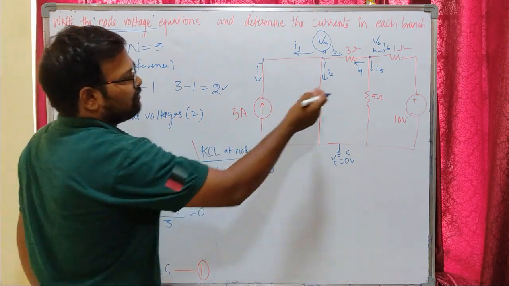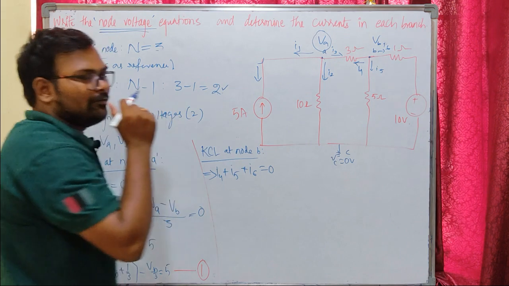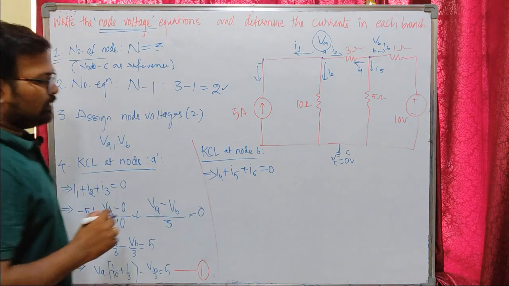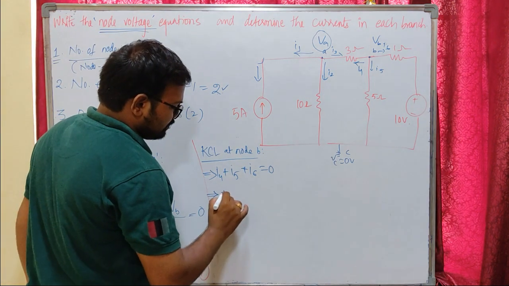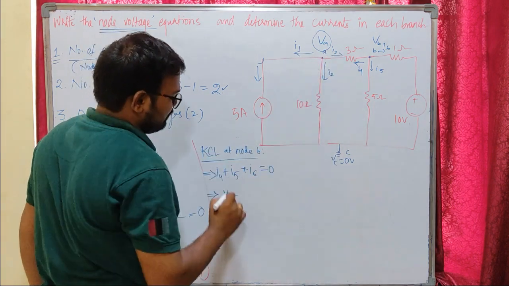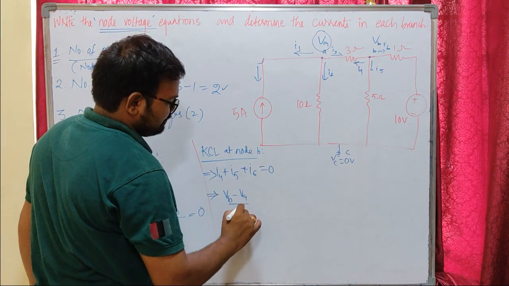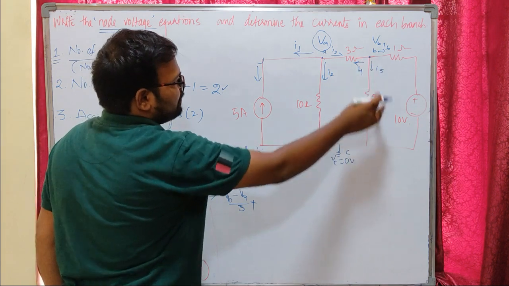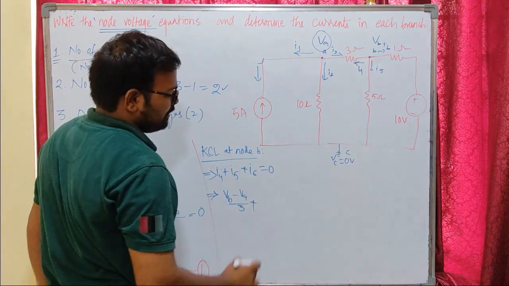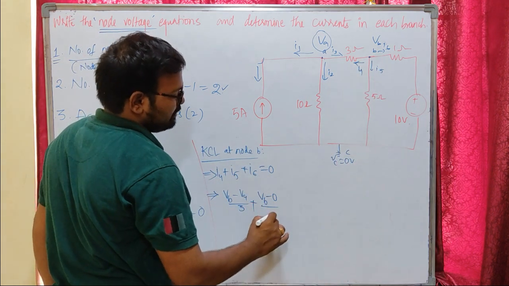What is I4 here? I4 is the current flowing between VB and VA with resistance 3 ohms. Here VB is treated as higher potential, so VB minus VA by 3 will be our I4. I5 is the current flowing between B and the reference node. That will be VB minus 0 by resistance value 5 ohms.